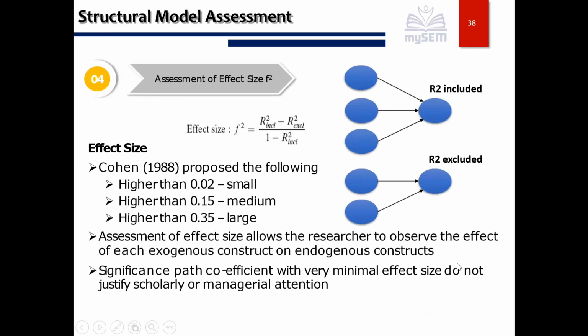Maybe in our case, I will show a research model. We have organizational support and top management commitment on work-life balance. We will see whether top management commitment or organizational support has more influence. That is the main objective of testing the effect size, meaning F square.